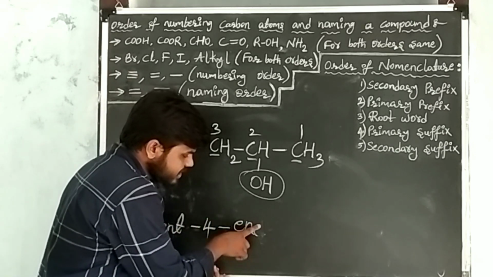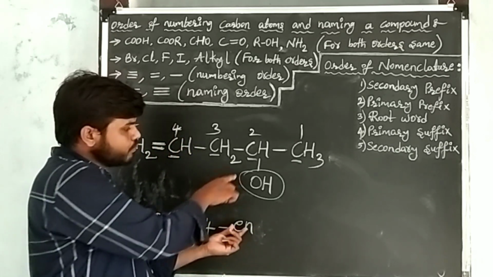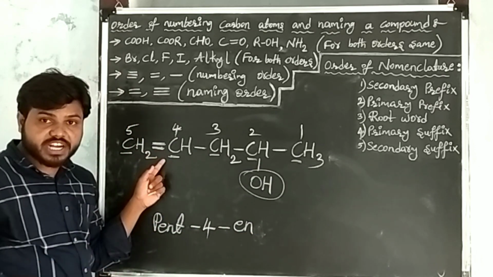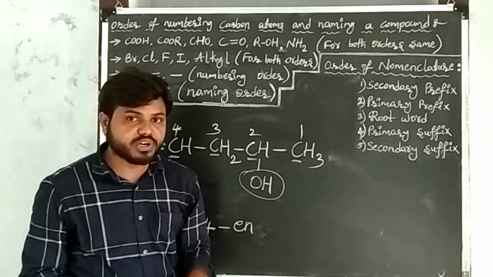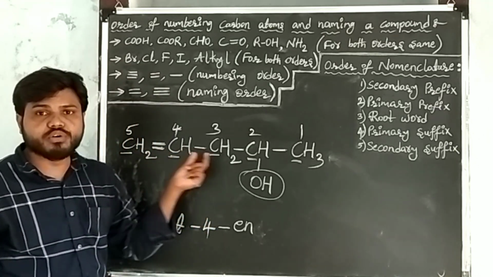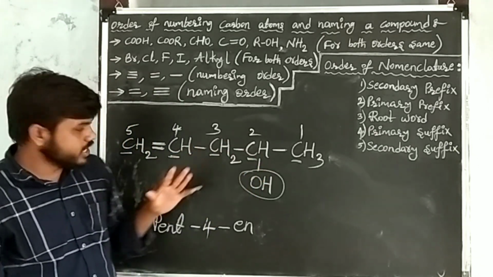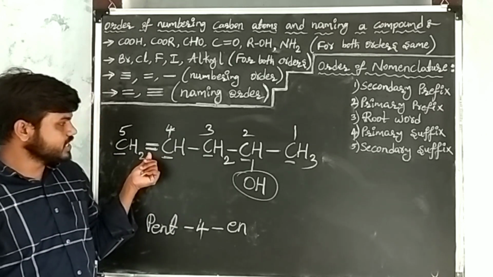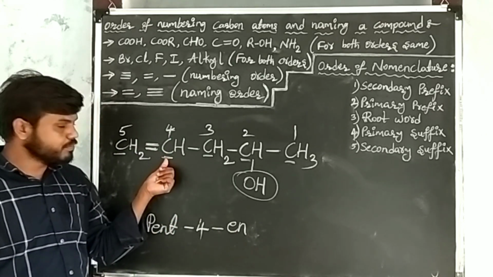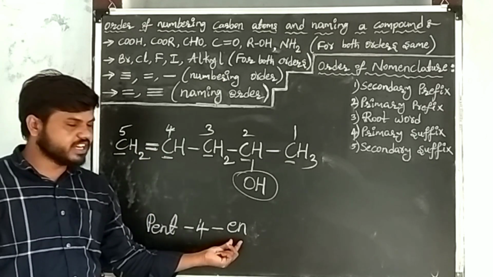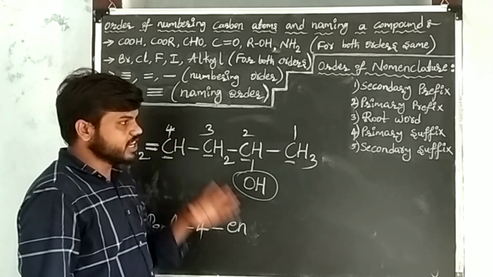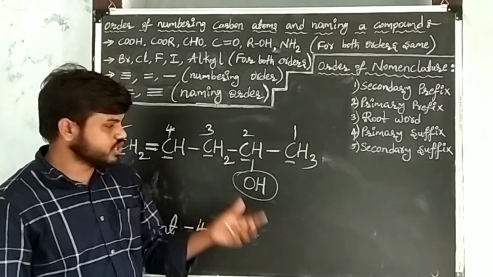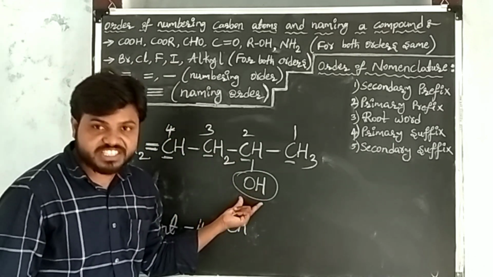Suffix of double bond is E. In the given carbon compound one double bond there, remaining all are single bonds. When we have double bond, no need to write the single bonds. I written position of the double bond, that is 4th carbon, and the suffix of double bond, that is E. After that, go to the secondary suffix. Here one functional group there, that is alcohol.